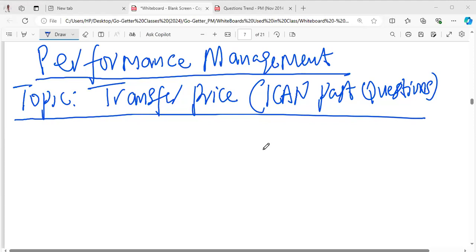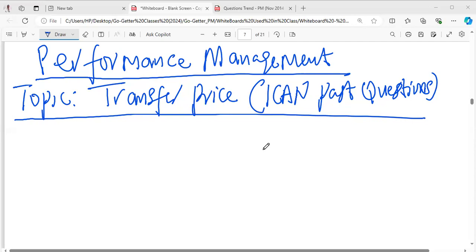In the last class, we talked about the concept of transfer pricing, that it is the prices at which units in a group of organizations transfer goods or services to one another. Instead of the technical word sell, we use transfer.